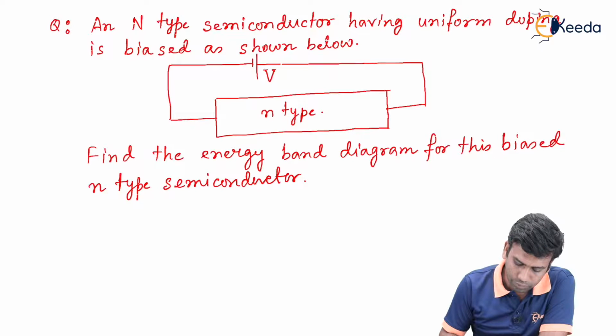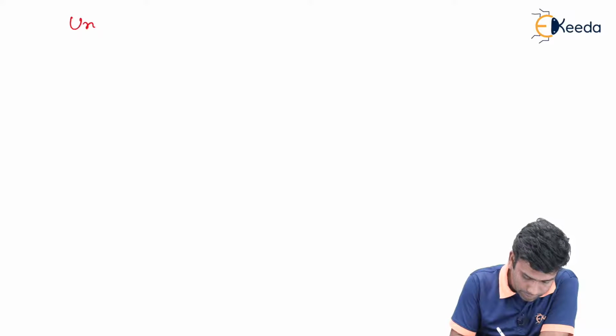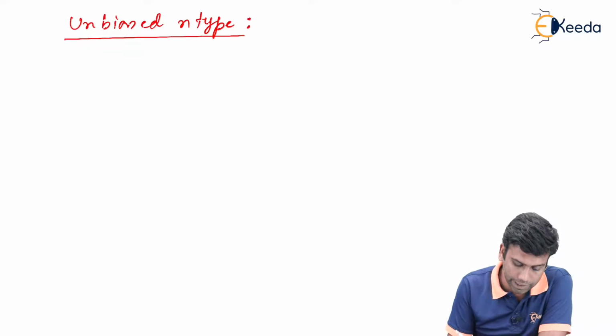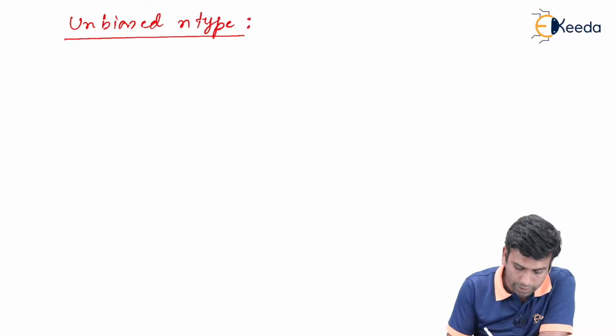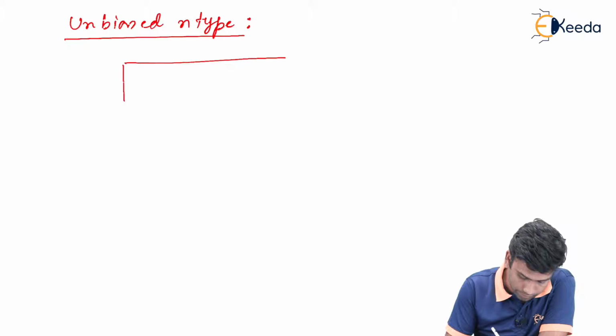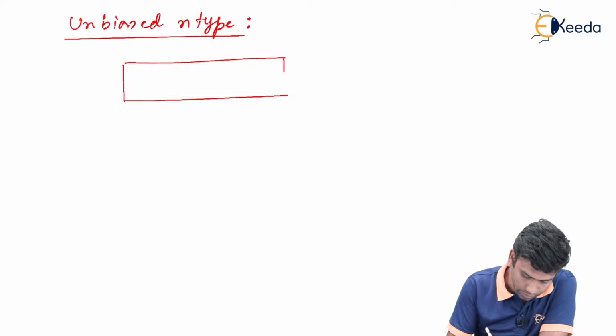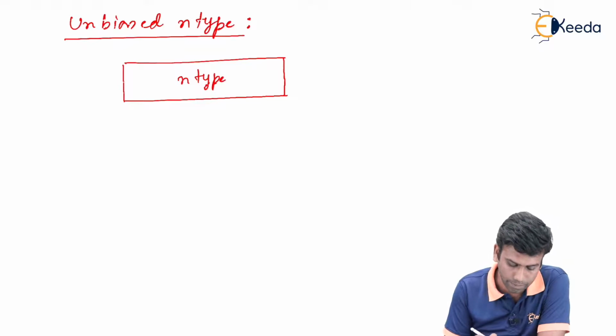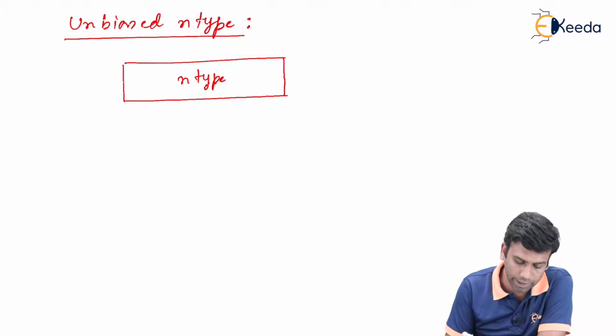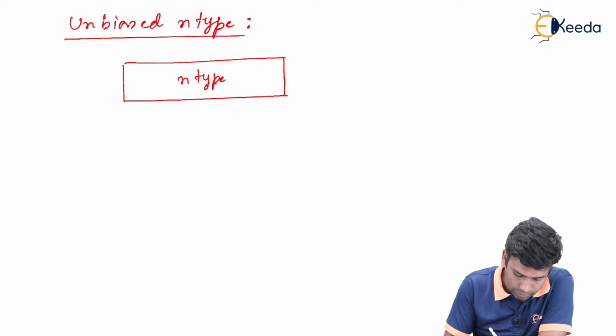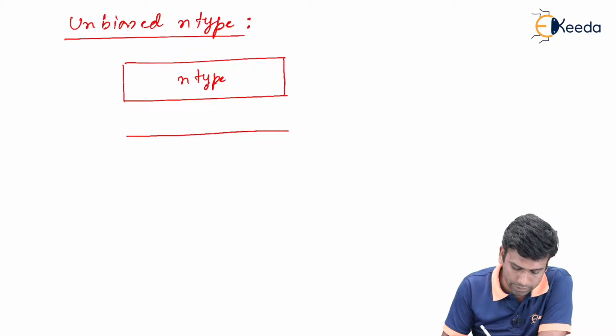Generally, what we know for an unbiased n-type semiconductor, so let us take an n-type unbiased semiconductor. According to the energy band diagram, we know that the band diagram will look like this.